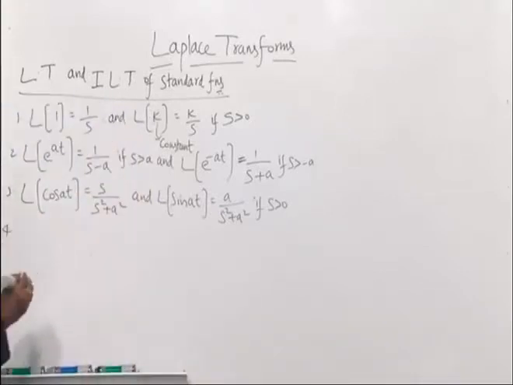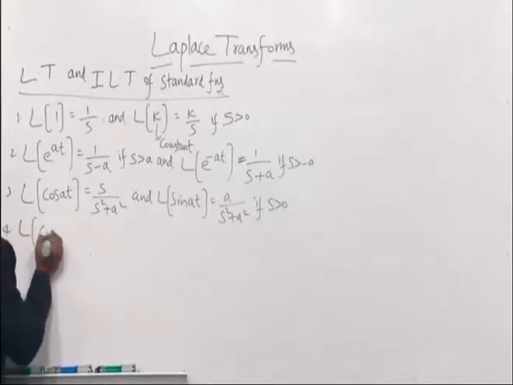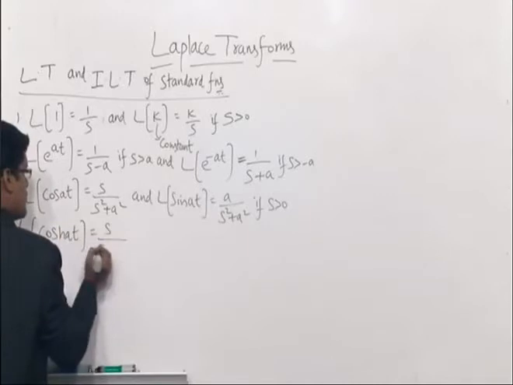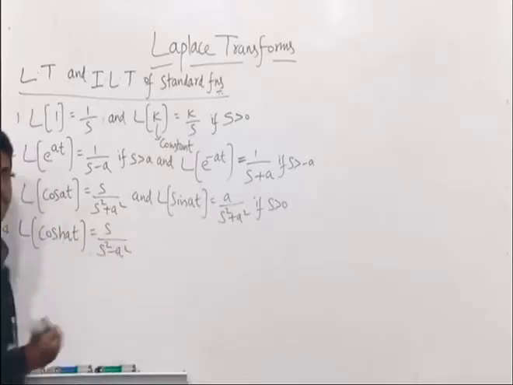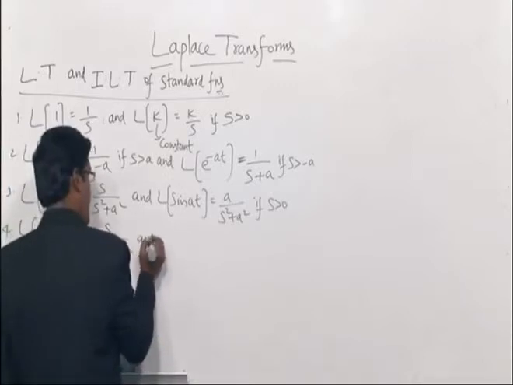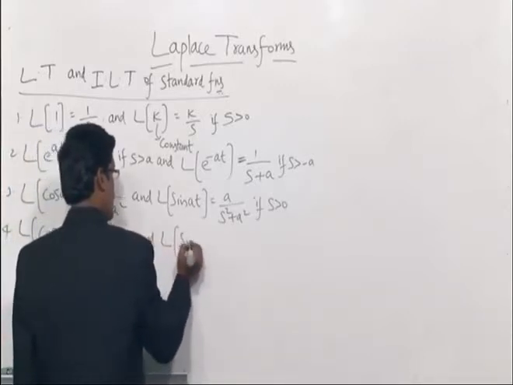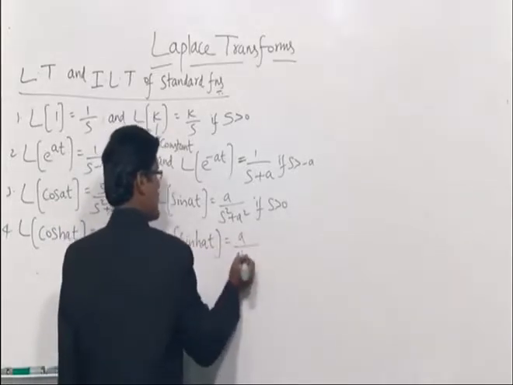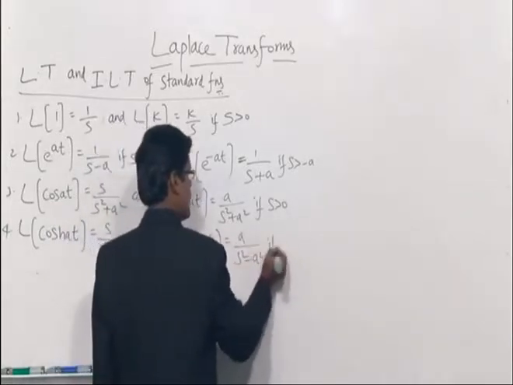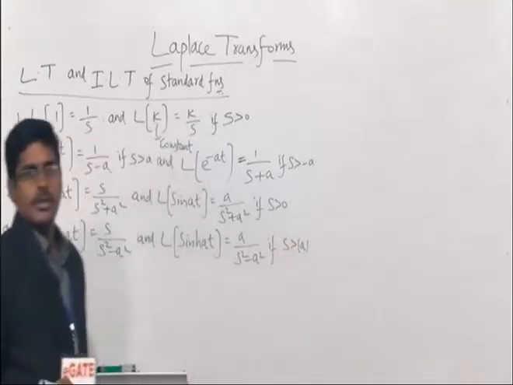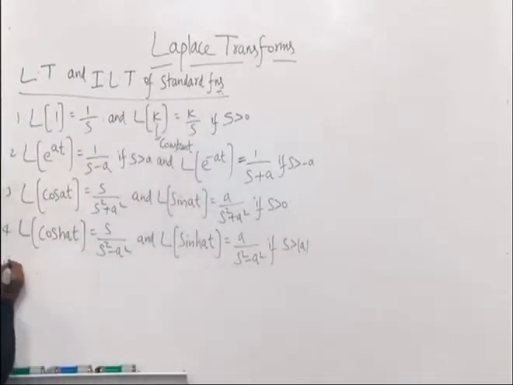4. L of cosh at is equal to s over s square minus a square. Okay? And L of sinh at is a over s square minus a square if s greater than mod a. 5.